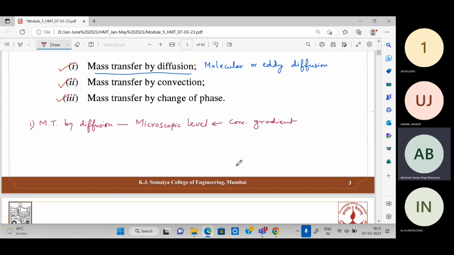Now, we can say this is the diffusion of mass from a constituent that occurs through a layer of stagnant fluid.